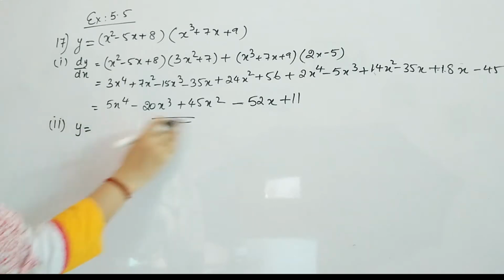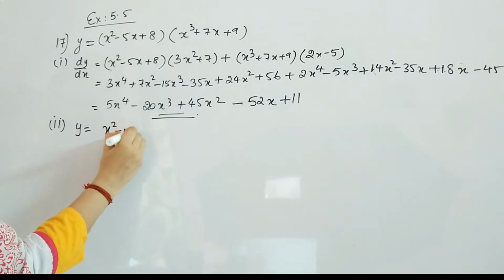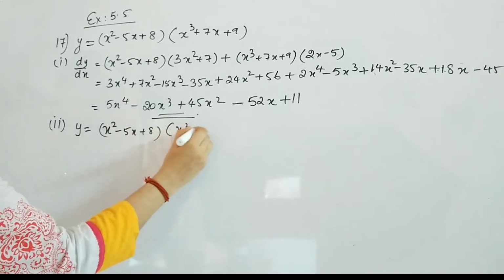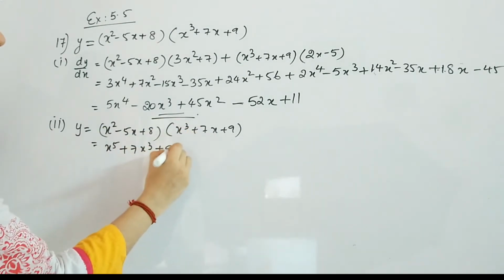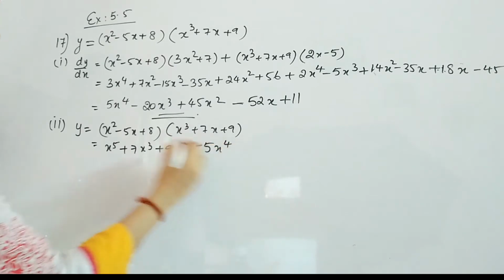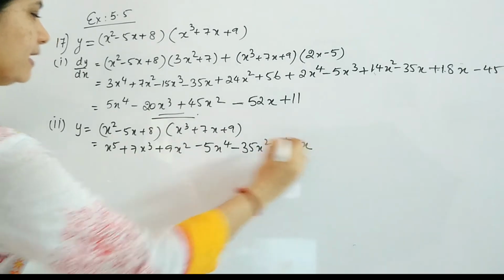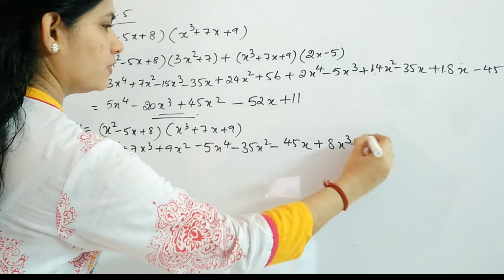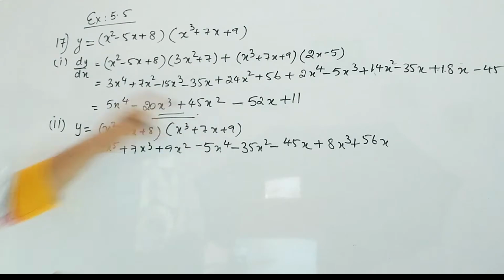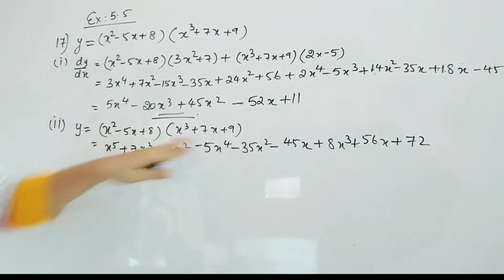So your y will become, each term you are multiplying, x square minus 5x plus 8 into x cube plus 7x plus 9, which will give you x raised to 5 plus 7x cube plus 9x square minus 5x raised to 4 minus 35x square minus 45x plus 8x cube plus 56x plus 72. These are the terms you are getting after multiplication.